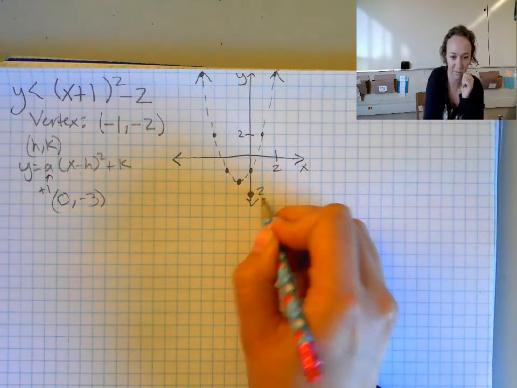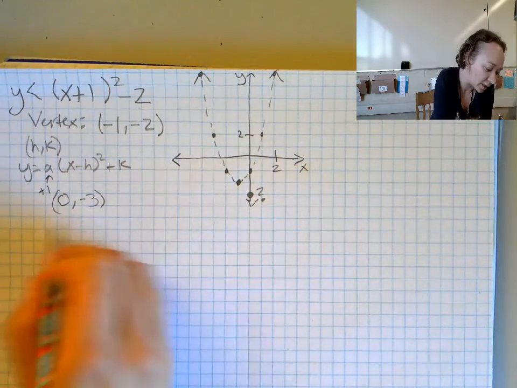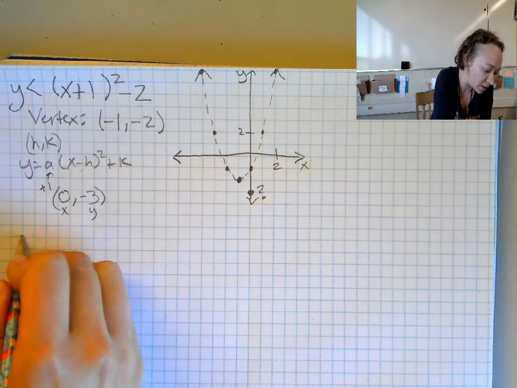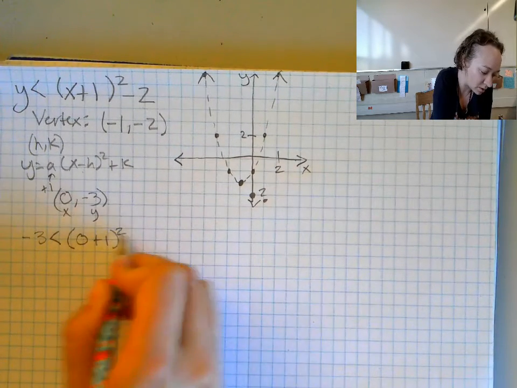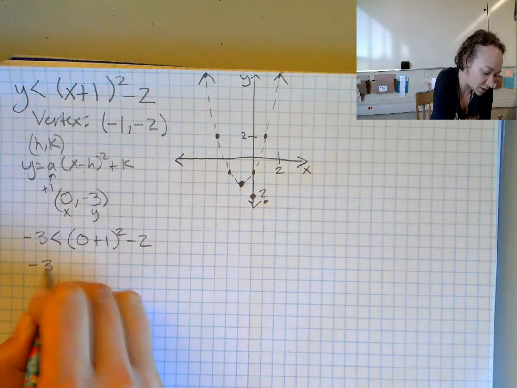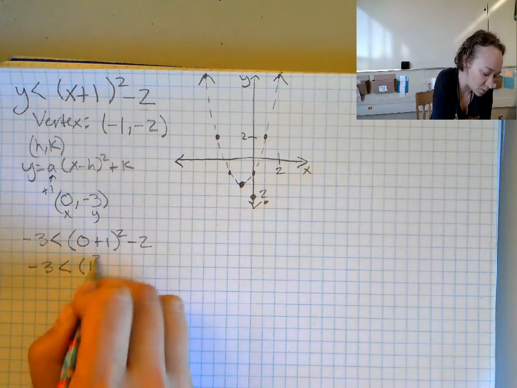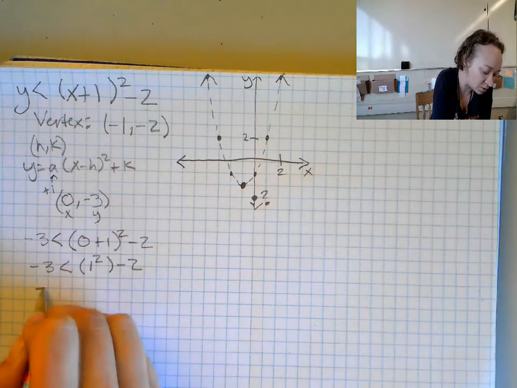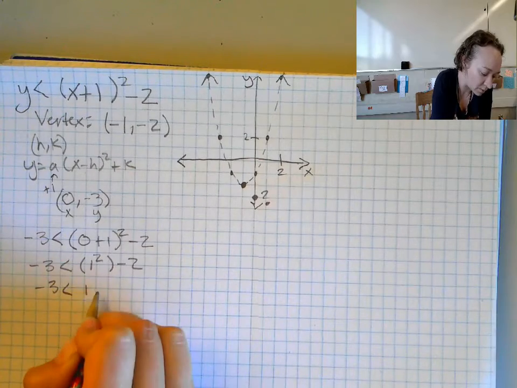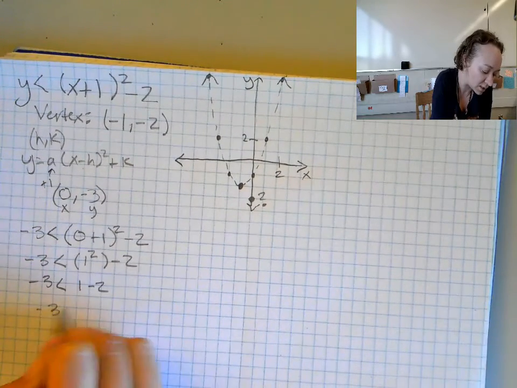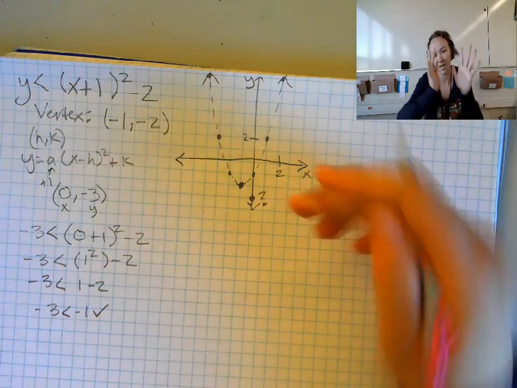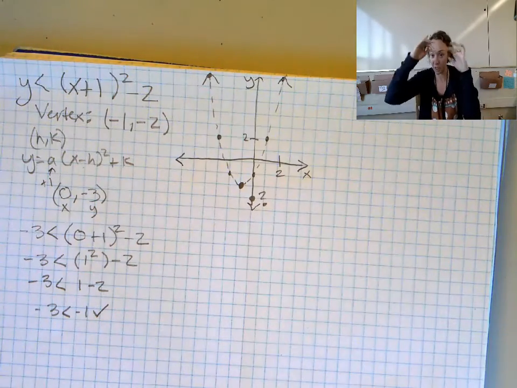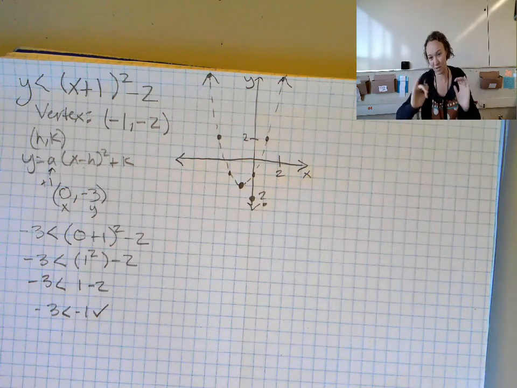So that's my point that I'm checking. So -3 is less than (0 plus 1) squared minus 2. -3 is less than 1 squared minus 2. So 1 minus 2, so -3 is less than -1. That is true, so that means I'm going to shade everything below the parabola, which in this case means outside the parabola.